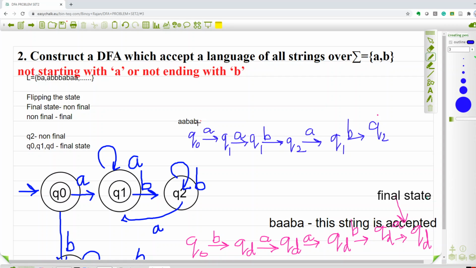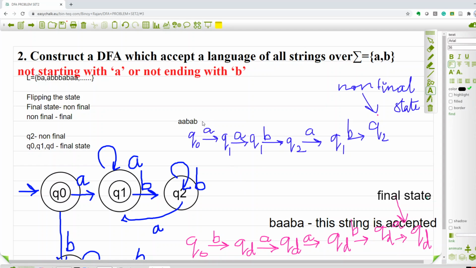So this is a non-final state, so this string cannot be accepted. This string is rejected. Why?